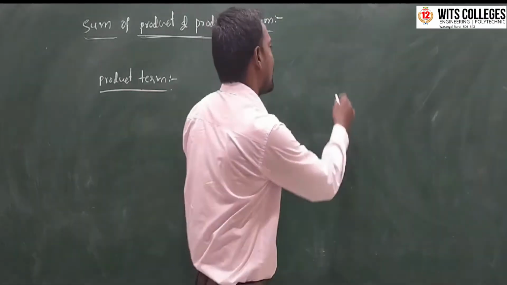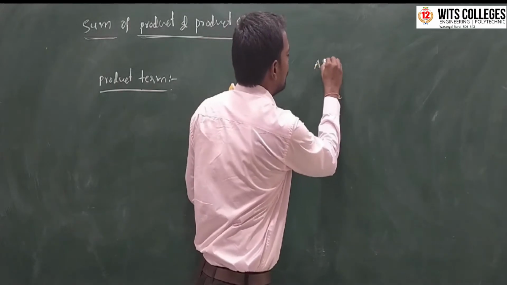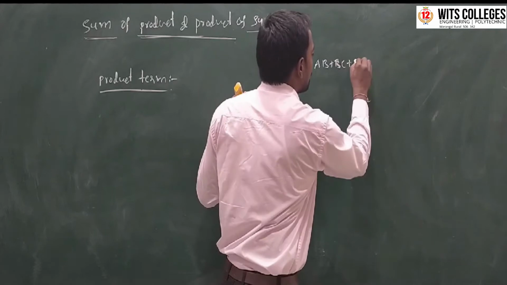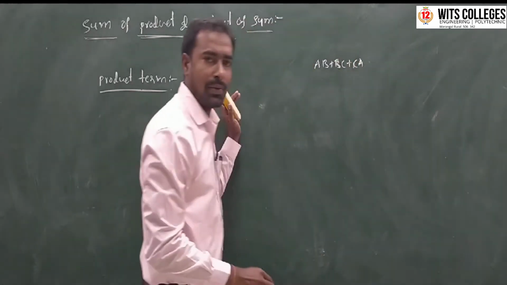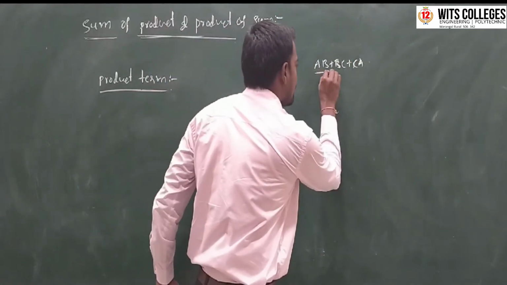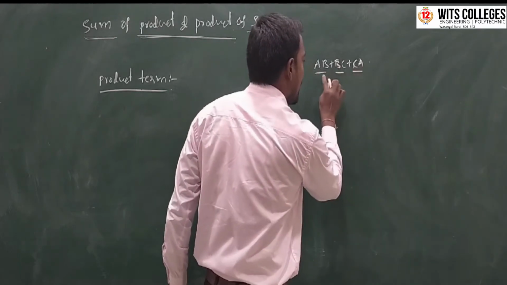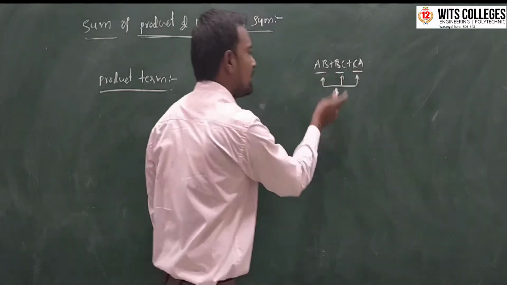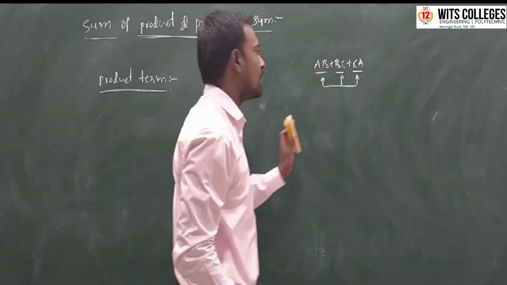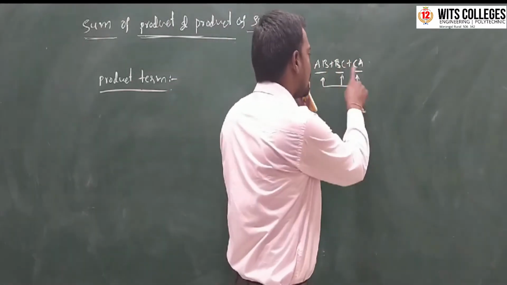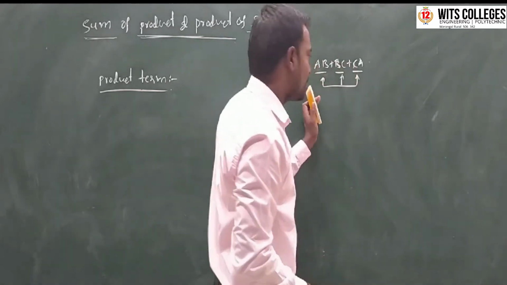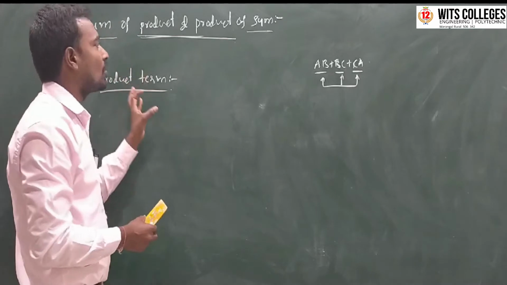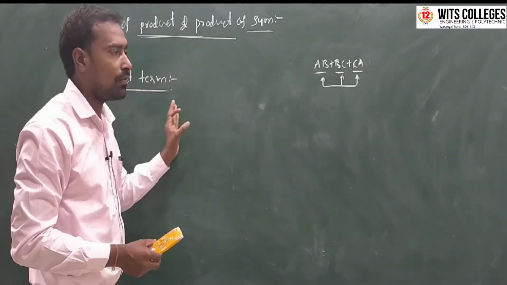Here I am taking one example, that is A into B plus B bar C plus C into A. So this is the product, and here we have three product terms, and all three product terms are ORed, that means they are added. Coming to this, this is called the sum of products.